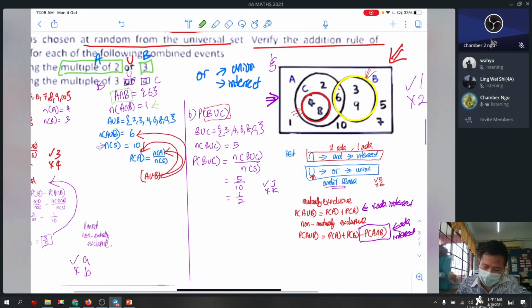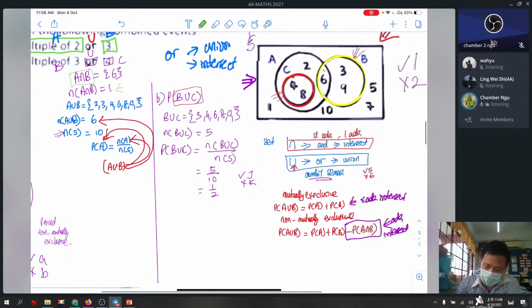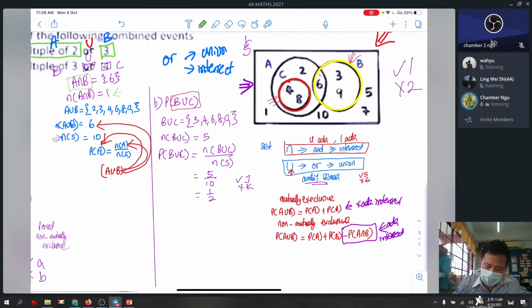But now for B union C, we look at the red circle and the yellow circle. Is there any element that they share together? No. So if there is no intersect, is this case mutually exclusive or non-mutually exclusive?